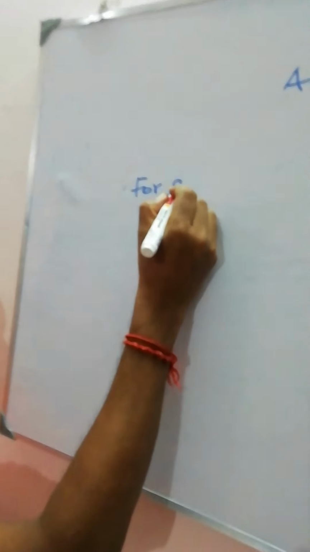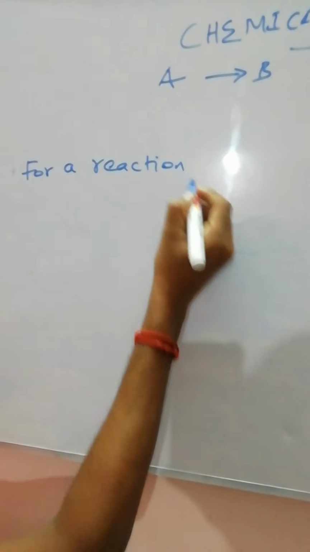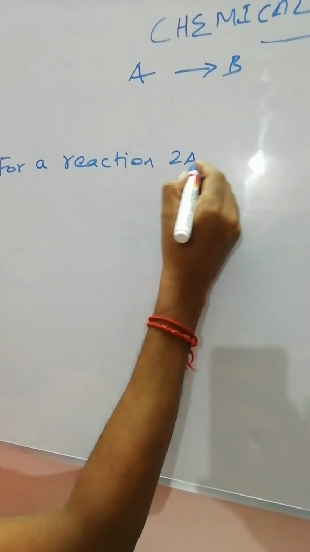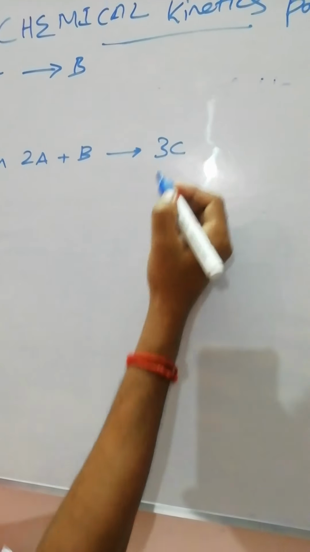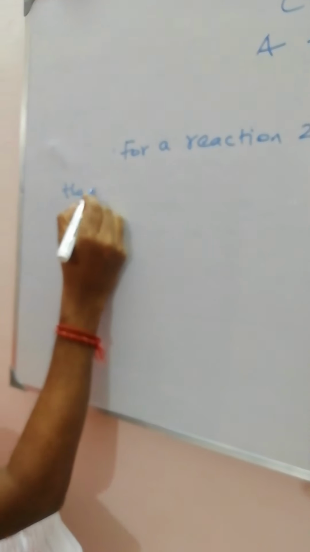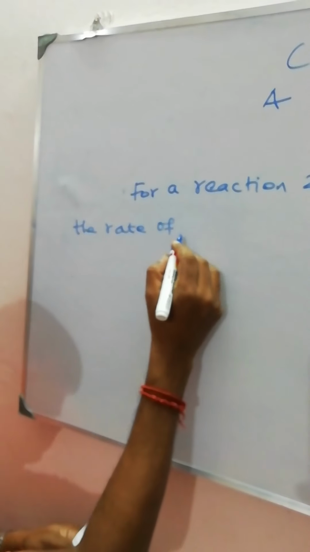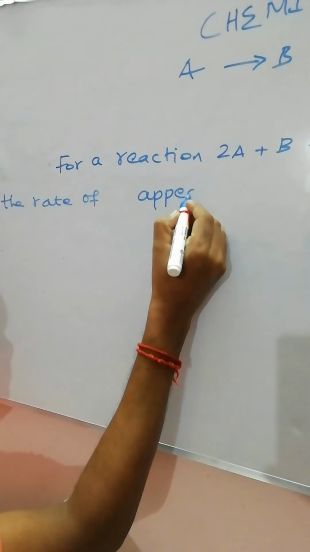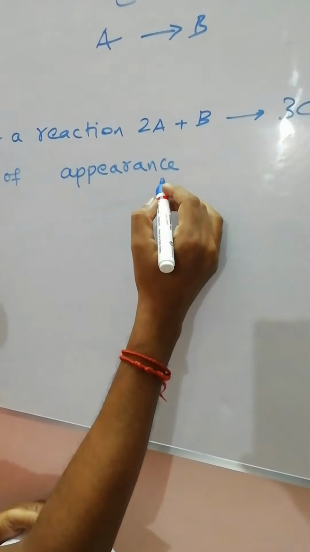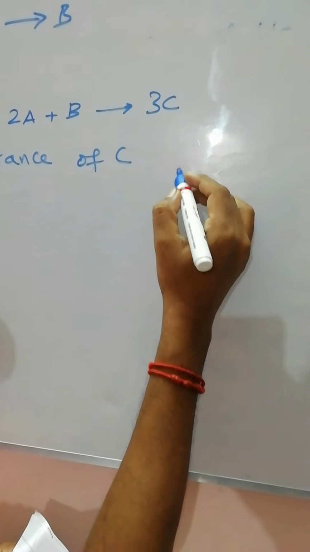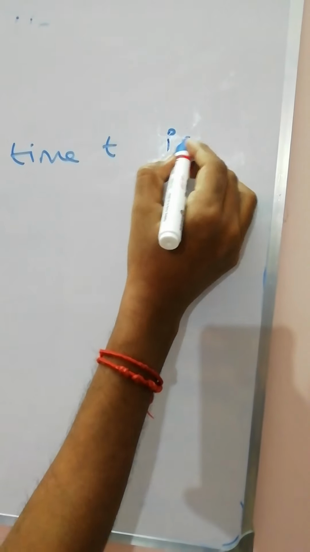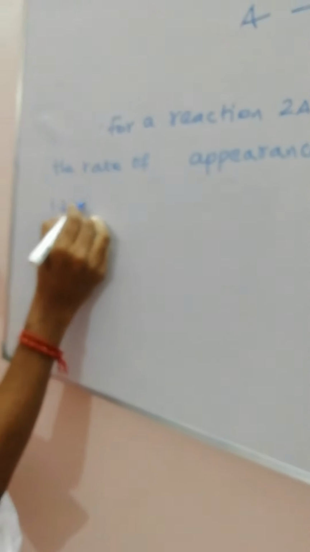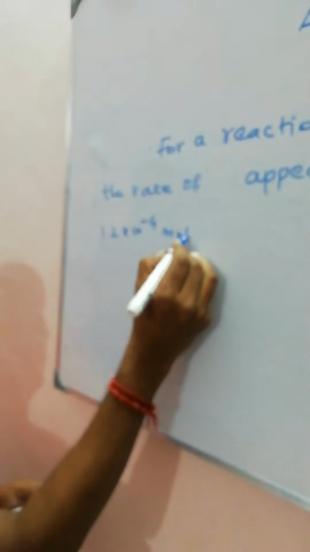Question: for a reaction 2A plus B gives 3C, the rate of appearance of C at time t is 1.2 into 10 to the power minus 4 mole per liter per second.